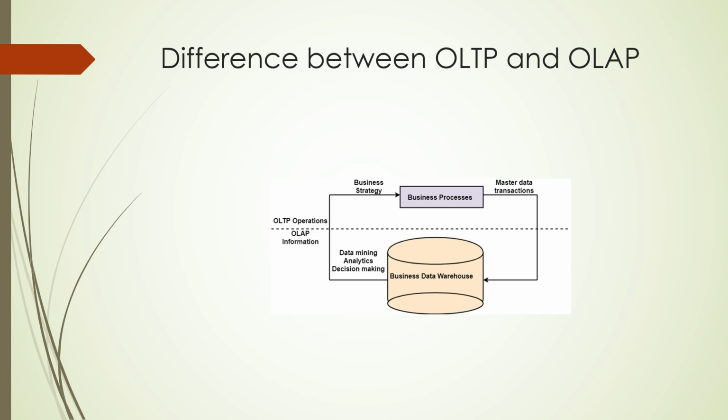Then functions: OLTP is mission critical. It provides day by day operations for an enterprise, driven by performance and availability. The OLAP system is critical to support the decisions of the enterprise.